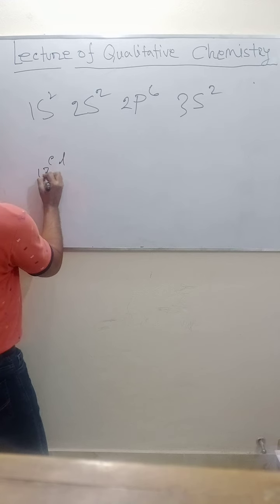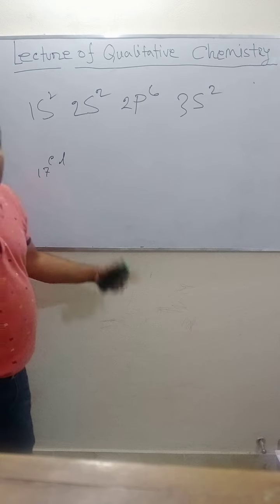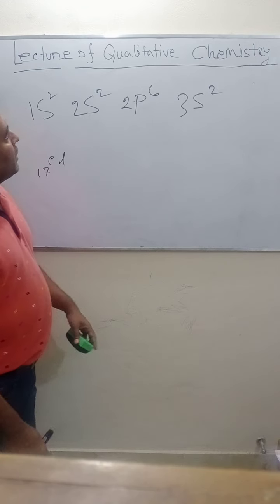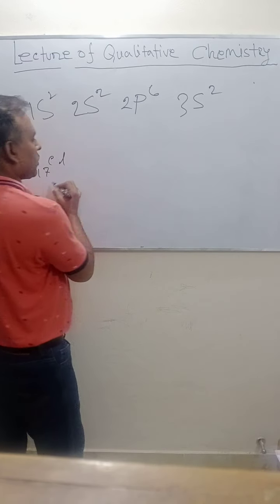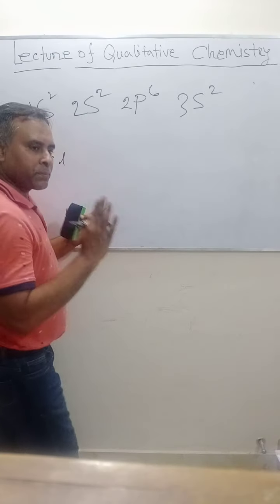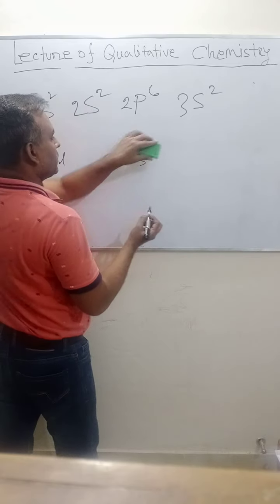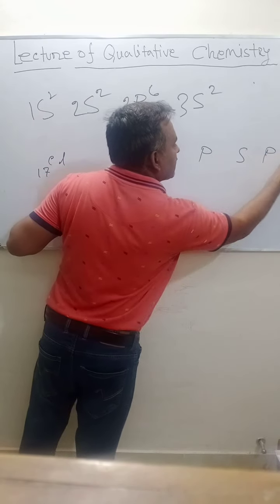Cl 17. Chlorine has 17 electrons. How will you do the electron configuration of chlorine? Start SSP, SPS.